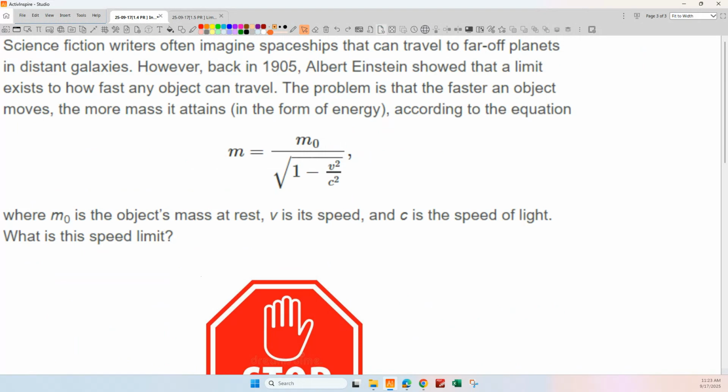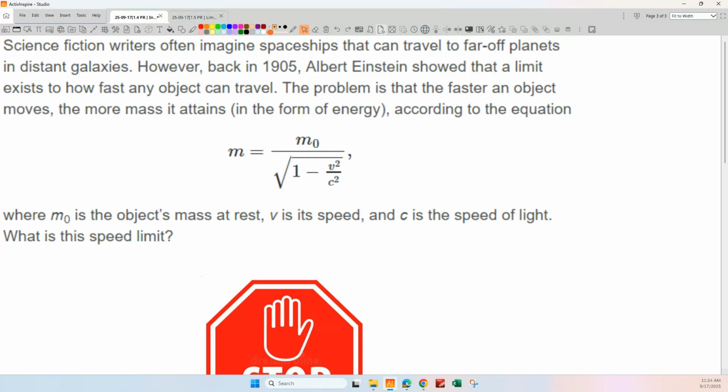So let's go back to this problem that I posed to you at the very beginning of the year, which kind of inspired our journey into our investigation of limits, right? So science fiction writers often imagine spaceships that can travel to far-off planets and distant galaxies. However, we've got some problems here, right? Because Einstein showed us, this is back in, it actually wasn't 1905, it was after that.